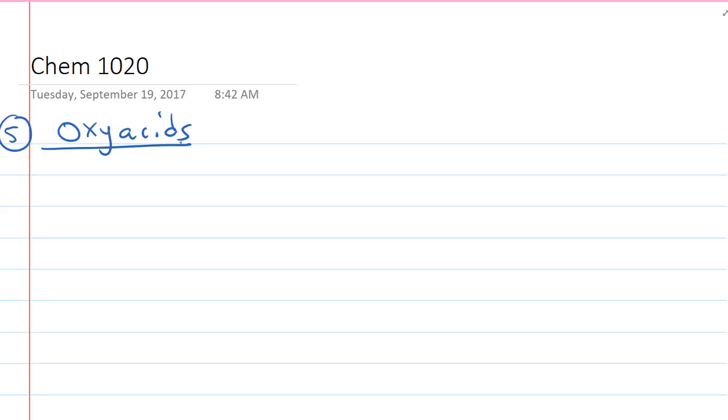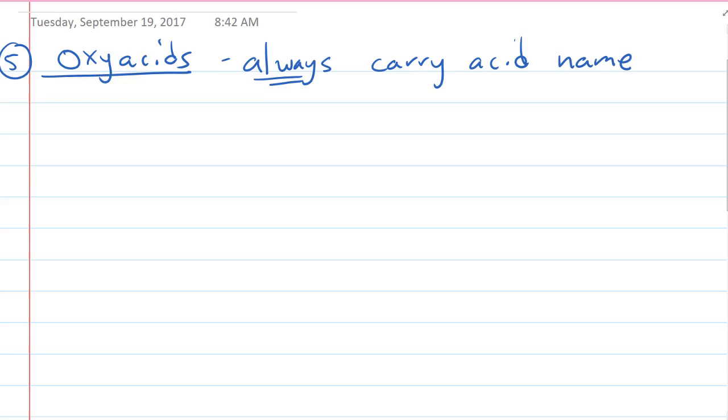If it's an oxyacid, that means it also includes oxygen. Now it turns out with these, simply because I know we want to confuse students just learning, these always carry their acid name. So we don't name it one thing when it's in water and something else when it's not in water. These will always carry their acid name.